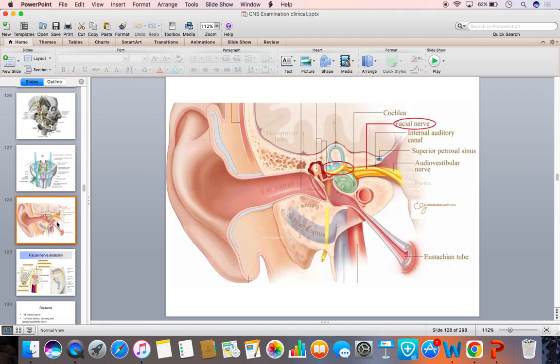Then you see the course of the facial nerve after entering the internal acoustic meatus. It is associated with the vestibulocochlear nerves, and its course in the temporal bone, ultimately emerging out of the stylomastoid foramen. This is what you see in this picture.